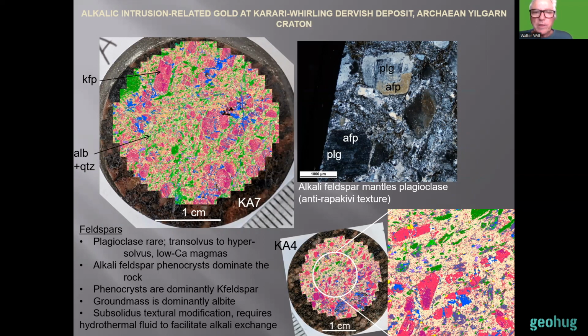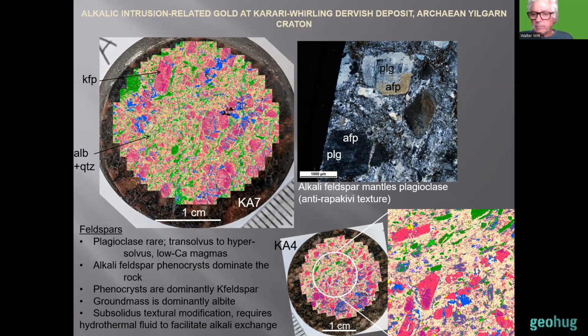Immediately apparent is the K feldspar rich nature of the phenocrysts and the albite rich nature of the groundmass. This is seen in a spectacular form in the lower right, the sample Ka4, where the phenocrysts are almost entirely K feldspar and the groundmass is almost entirely albite.